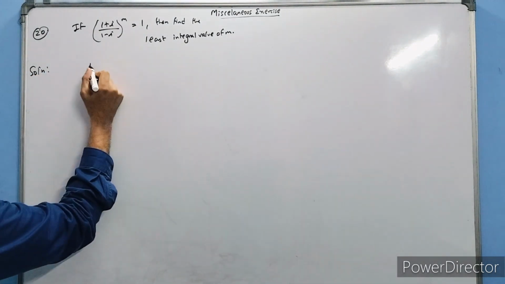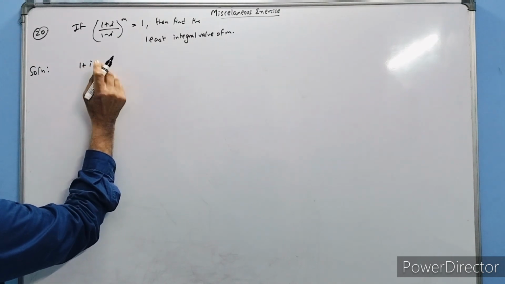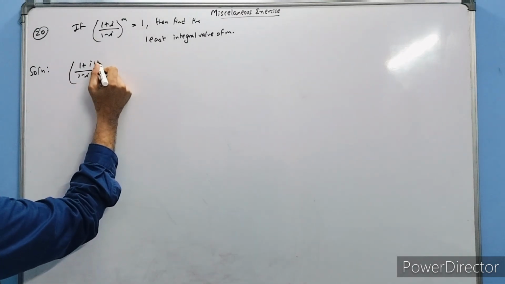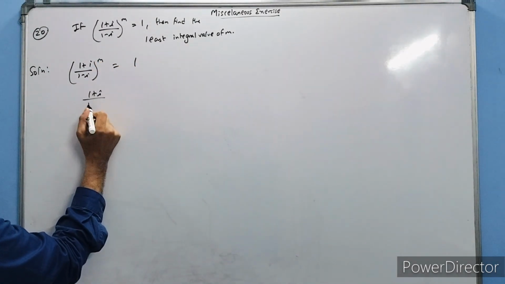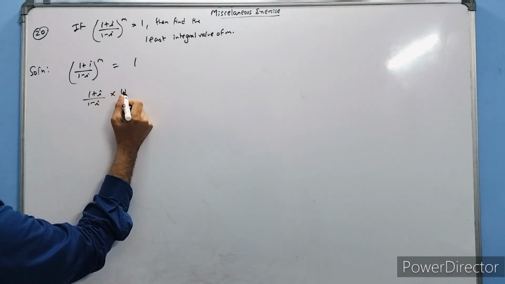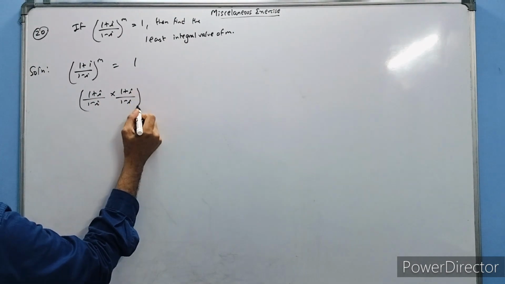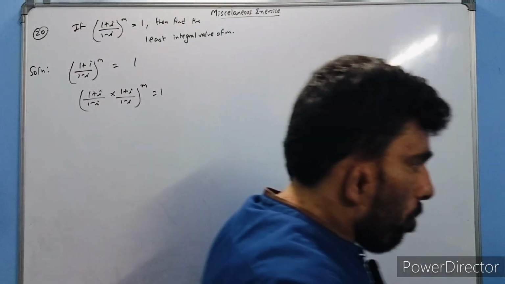What we can do, let us write ((1 + i)/(1 − i))^m = 1, they have given. So we can multiply by (1 + i) in numerator and denominator: (1 + i)(1 + i)/((1 − i)(1 + i)).